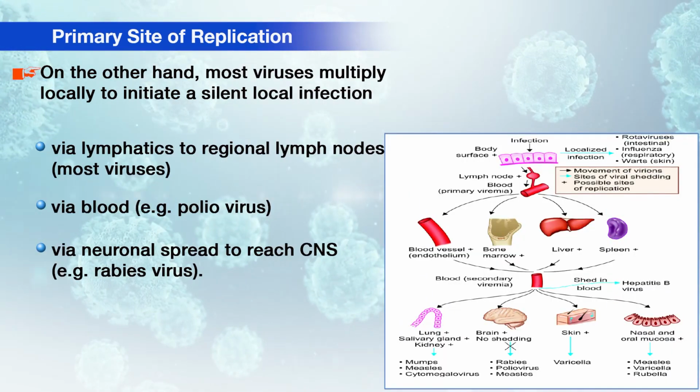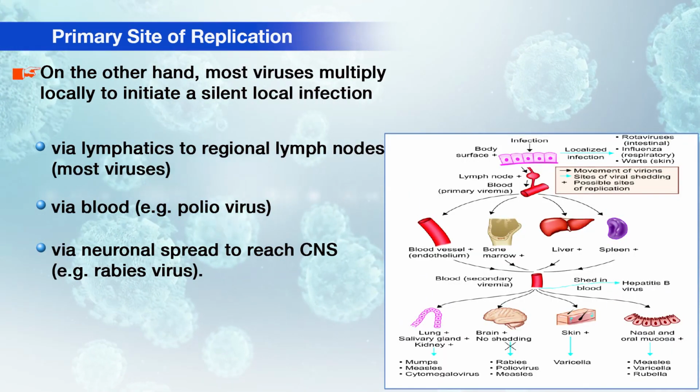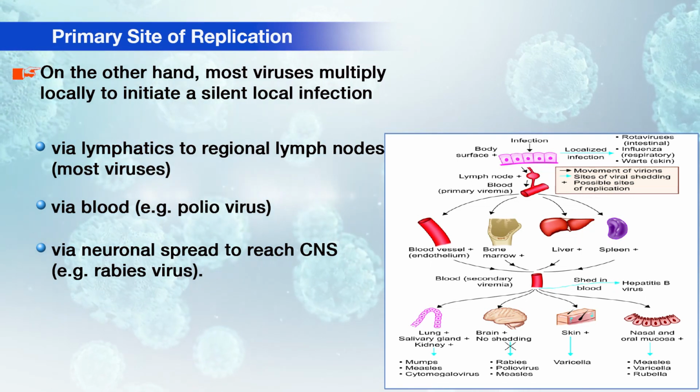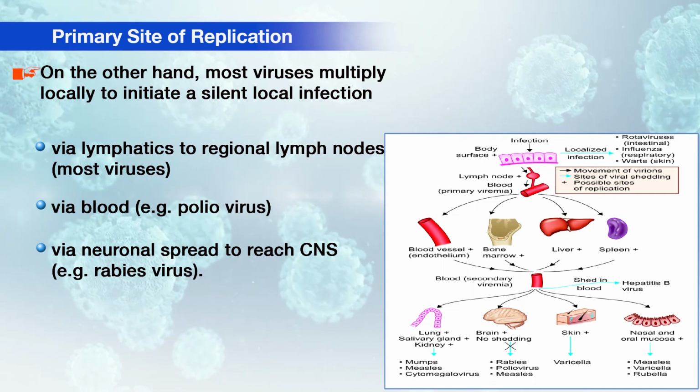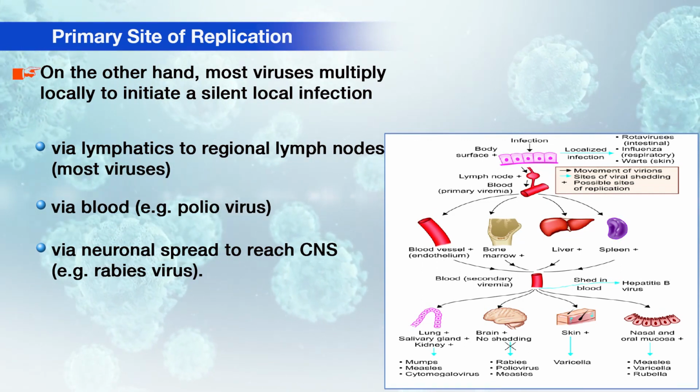But in those in which the viruses enter but spread the infection at a site distant from the portal of entry, this will be due to a spread via lymphatics, via blood or through neuronal spread.